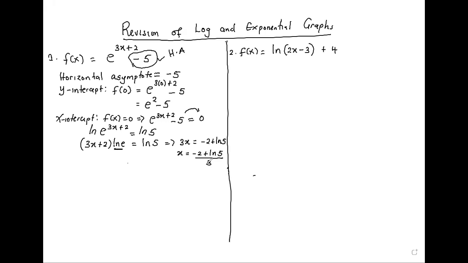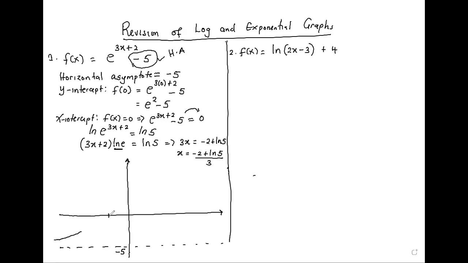Then we sketch the function. So the horizontal asymptote is the line y is equal to -5. And -2 plus ln 5, that's a negative number.